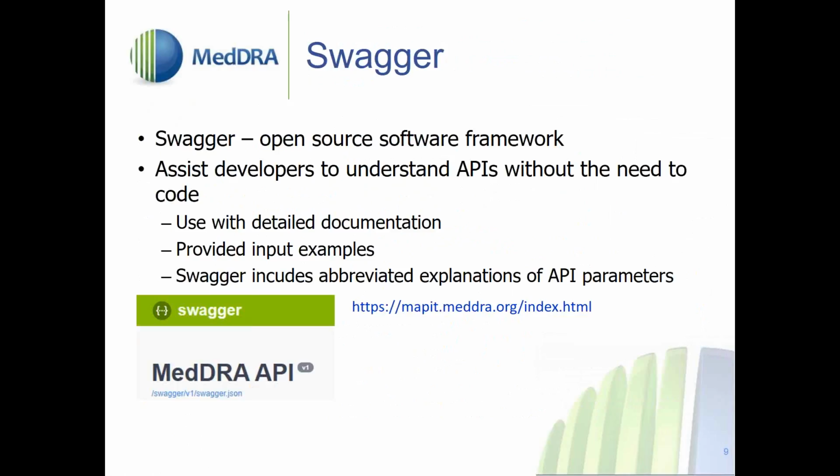The whole point of Swagger is that it provides a way to understand how the APIs work without having to develop code on how to call the APIs. And it's meant to be used with the detailed documentation that we've provided, the input examples, and Swagger itself includes some abbreviated explanation of the API parameters.